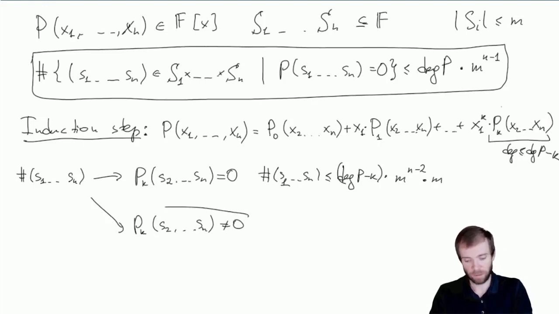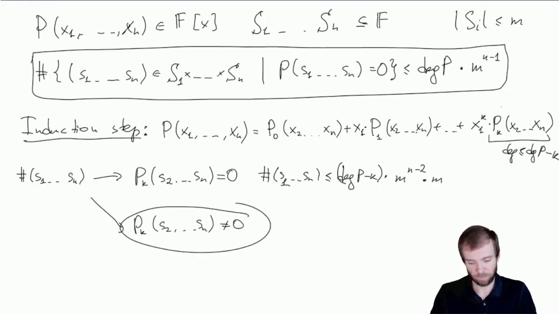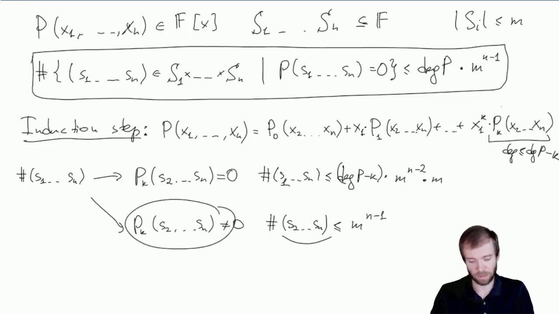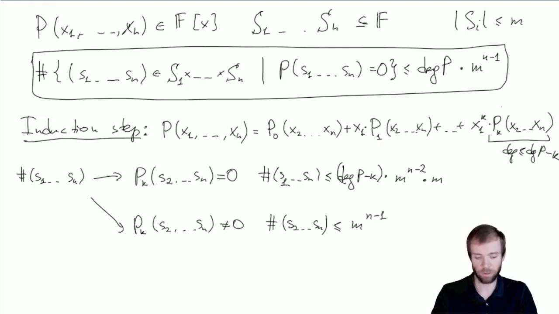So now let's bound the number of the other tuples. The number of ways to choose s2 through sn does not exceed m to the power of n minus 1. But then for each fixed choice of s2 through sn, for which pk does not vanish, our polynomial p turns into a polynomial of a single variable x1, a polynomial of degree k.